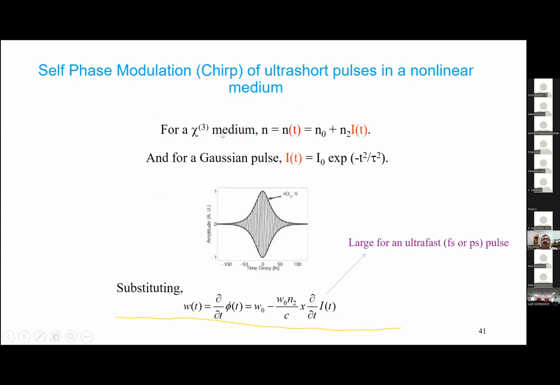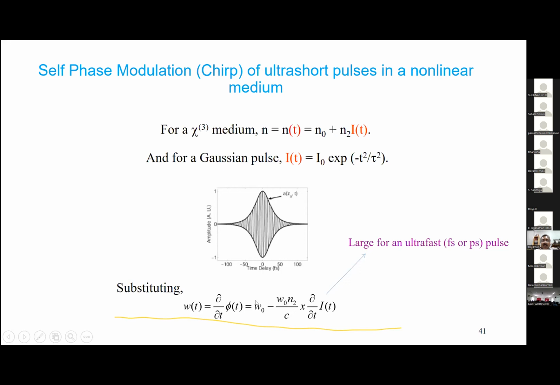However, when you come to a third order nonlinear medium, the refractive index itself is given by n0 plus n2 I(t). And for a Gaussian pulse, the intensity varies in time like this. Now, when you make all these substitutions into your previous equation, you see that the instantaneous frequency is not a constant.